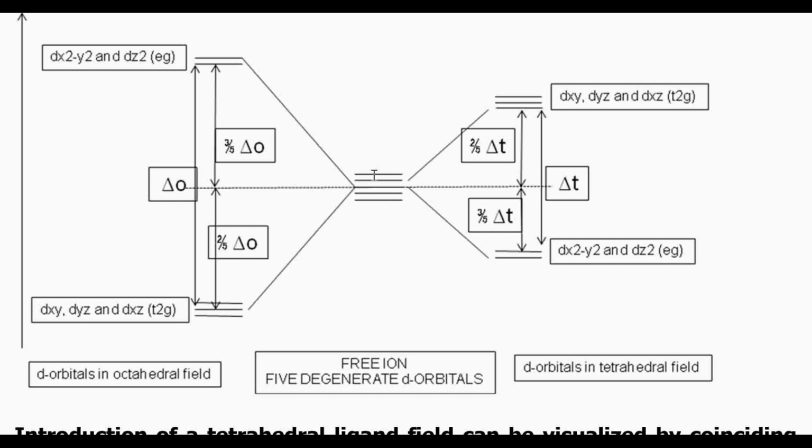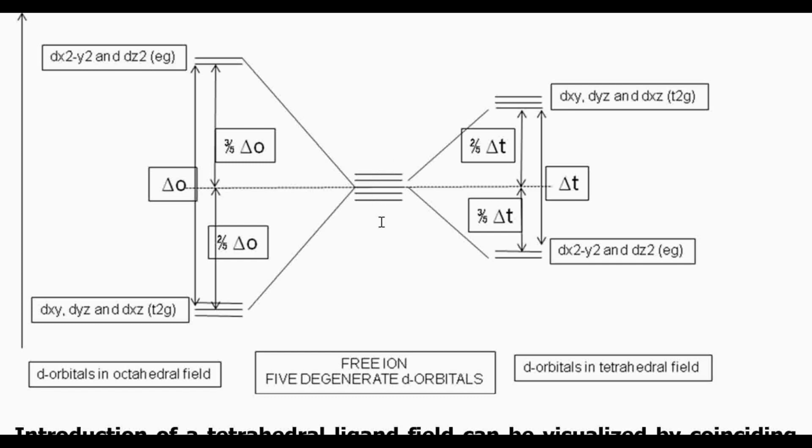These are these 5 lines. They show the free ion and 5 degenerate d orbitals. The lines are a little distant, but in order to save space I have kept them like this, otherwise they have the same energy. All these 5 d orbitals have the same energy.